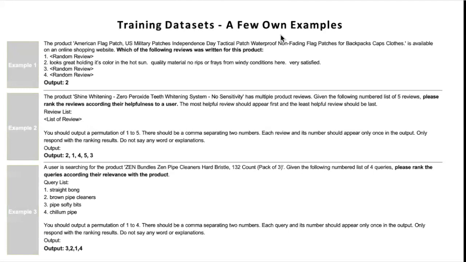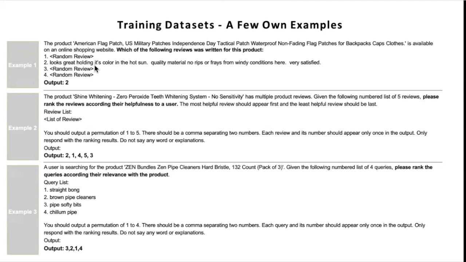And these are some examples of how they create their training examples, right? For example, this is a product title, and then it asks which of the following reviews was written for this product. What it can do is directly grab the ground truth.